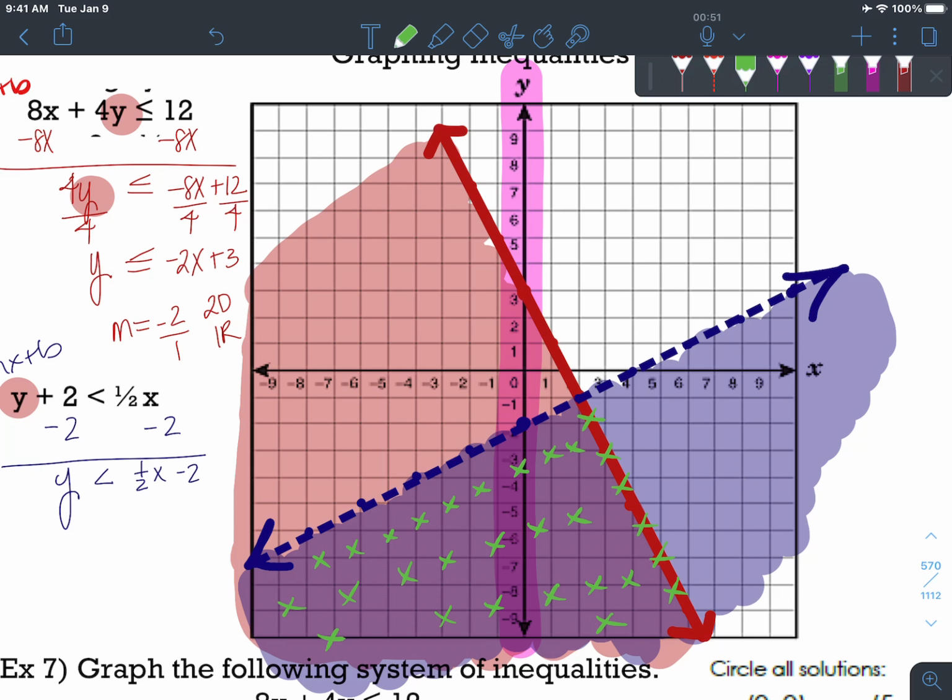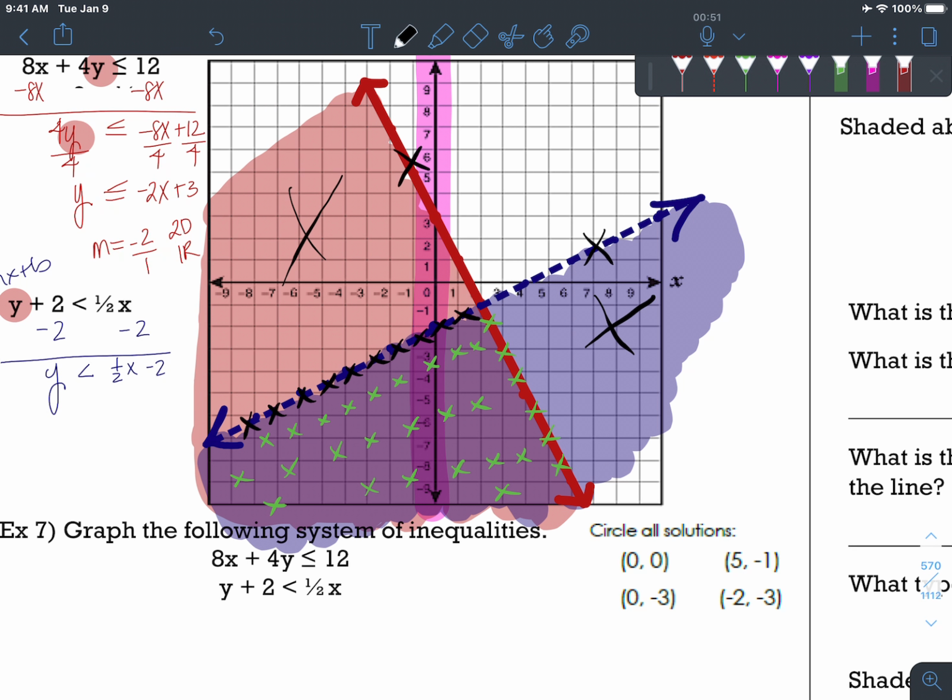However, they do not exist up here on this dash line, nor do they exist out here, here, or here. Because that is not a solution for both of them. So in order for something to be considered a solution, it's got to be either on the solid red line that's also in the blue shaded area or in the purple shaded area.